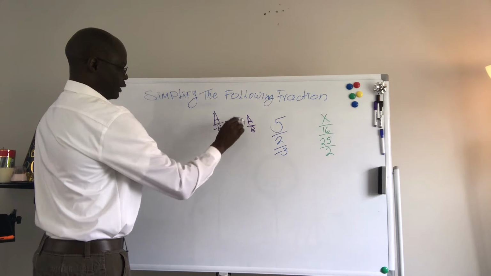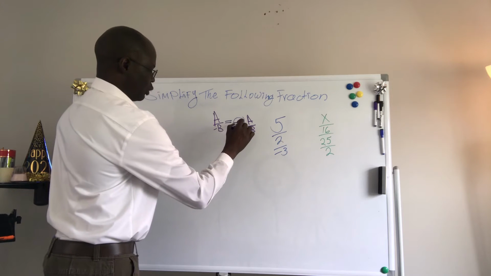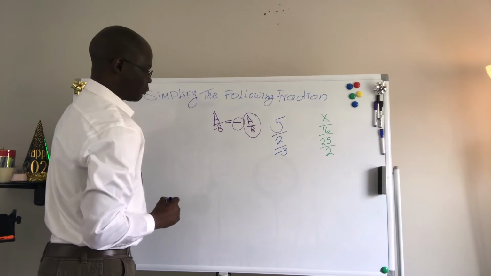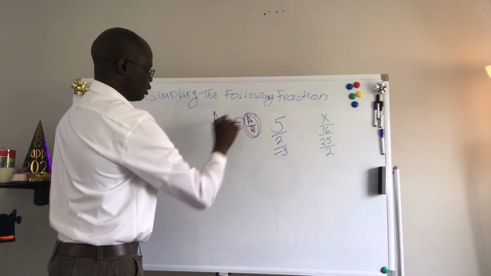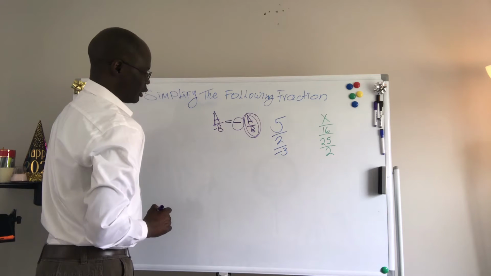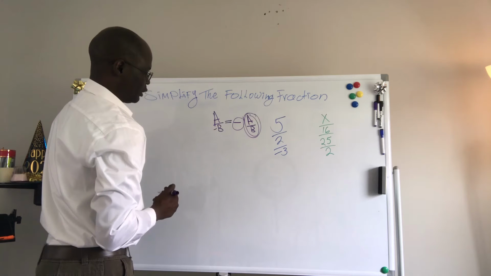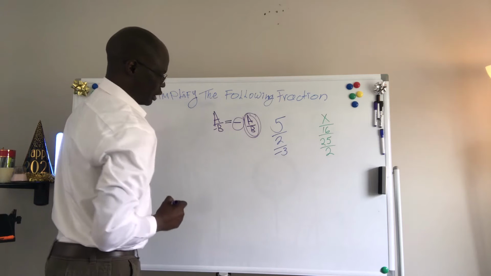And the sign here will make a difference. What does it mean? When you divide, the minus is applied to the whole answer of the division. And that's what we're going to see on the first problem.